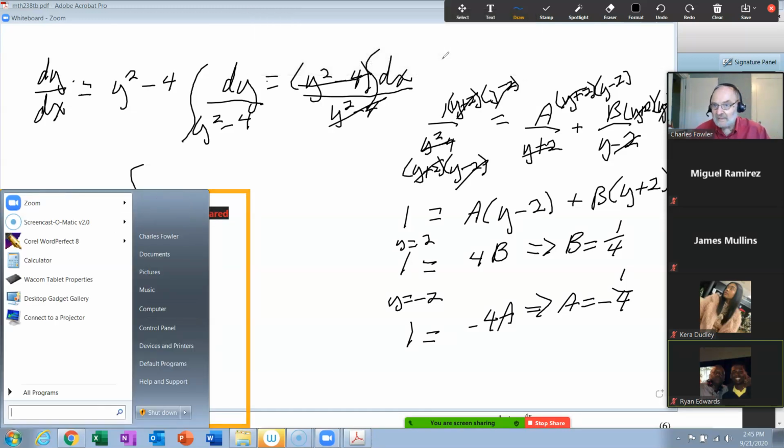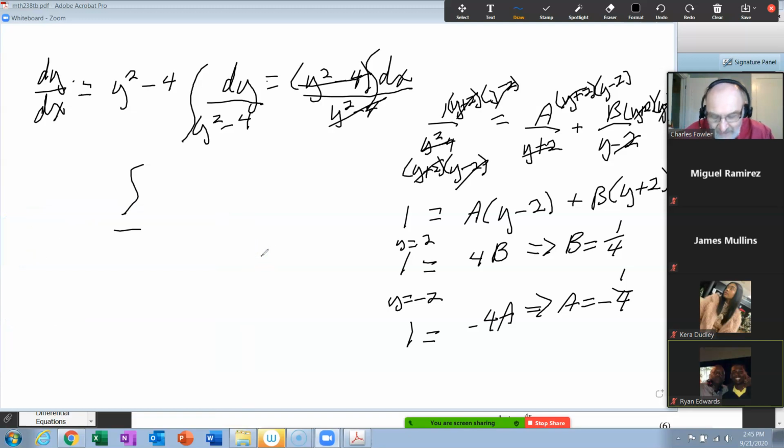Okay, now, there's my pen. All right. Now, this Wacom also has a keypad on it that sometimes clicks and sometimes doesn't. Okay, I'm going to rearrange these and put the B one in front because it's positive and the A one's at the end. So this will be 1/4.